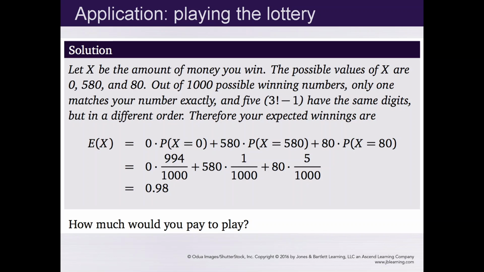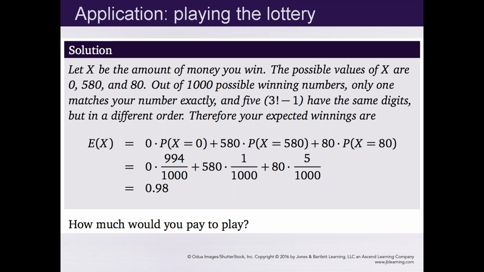So we want to take away the perfect match. So out of the 3 factorial, which is 6 different ways you can rearrange those numbers, one rearrangement we've already excluded because it's part of the $580 situation. So in a different order. Okay, so how many ways can you win 0? Well, 994 of the 1,000 numbers can win you 0 money, so that's where that fraction is coming from. The $580, that's only a 1 in 1,000 shot. The $80, that's a 5 in 1,000 shot.